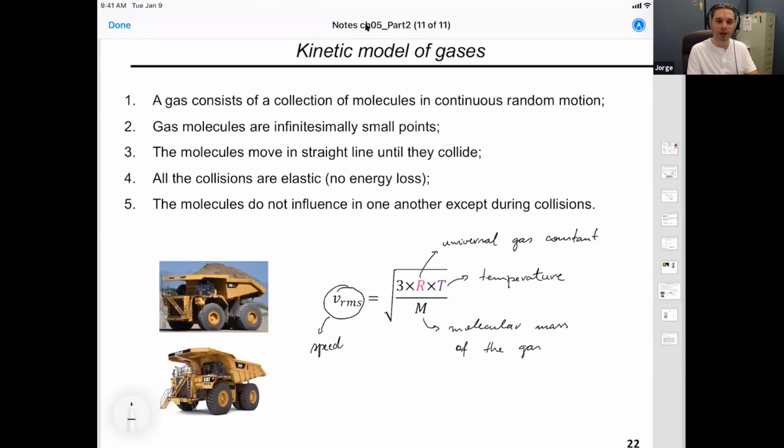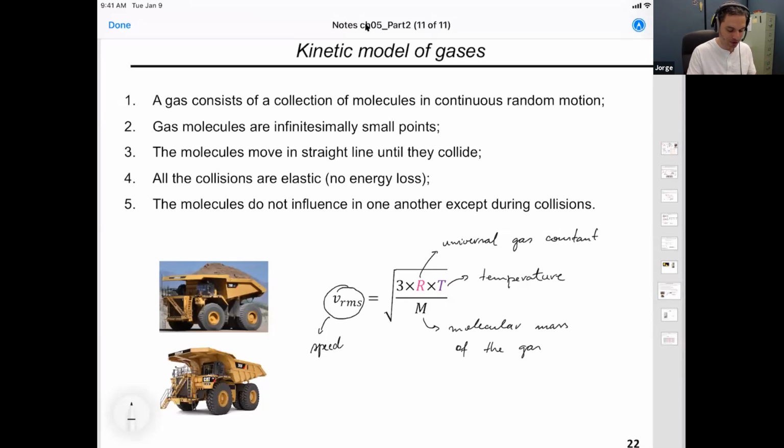Okay, just try to rationalize this formula. If we increase the temperature, the gas molecules have more energy, so they can move faster throughout the flask. So that is why it's directly proportional to the temperature. And on the other hand, if the molecular mass is higher or if the gas molecule is heavier, they will move at a lower speed, and that's why the molecular mass is dividing in this equation.